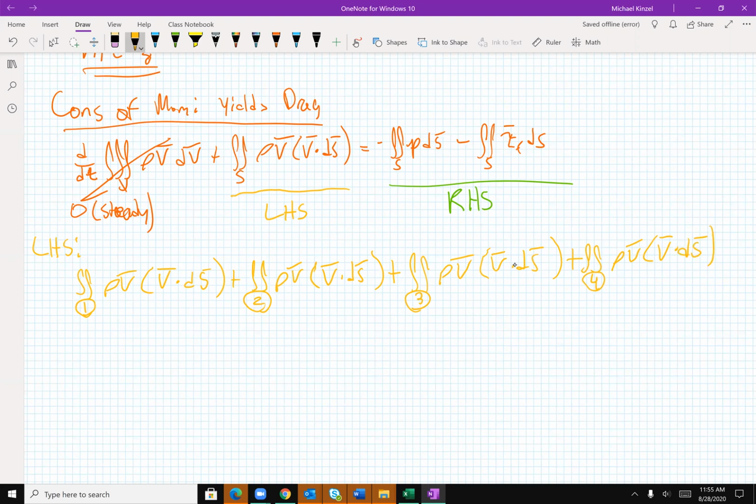Okay, the momentum flux going out of surface 1, similar to before, is identical to what we saw. This is going to be V infinity, negative V infinity dS.